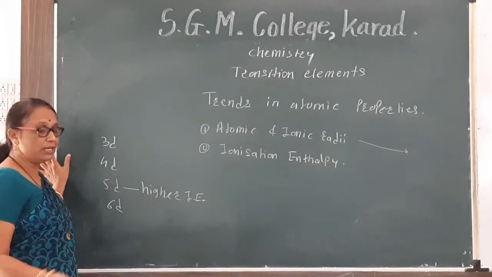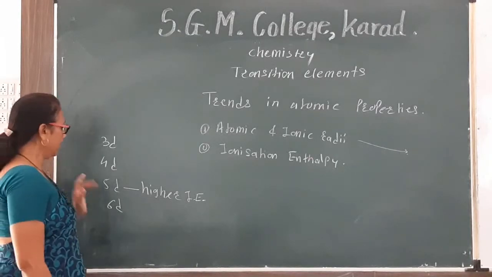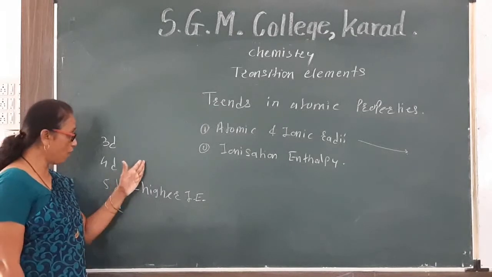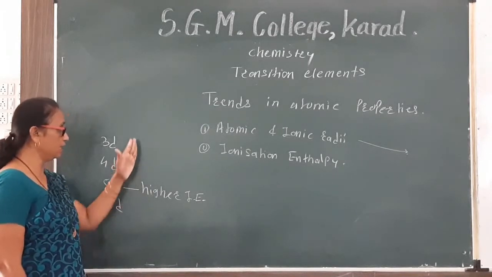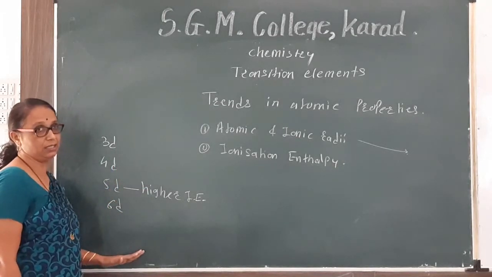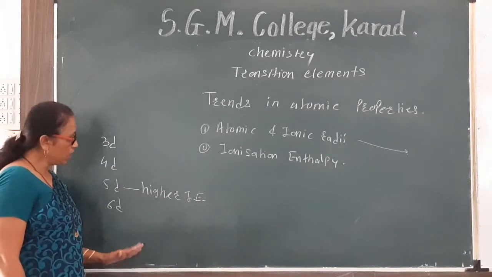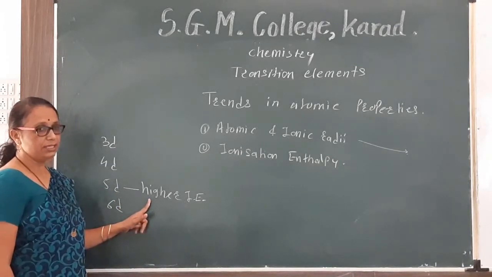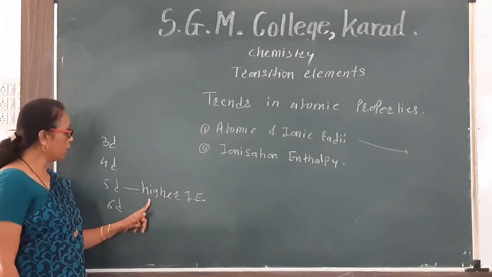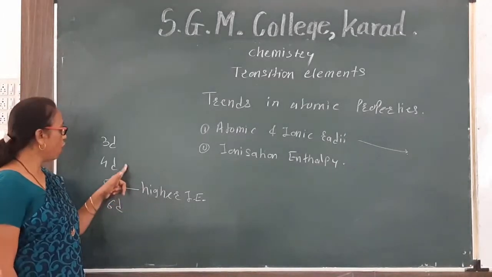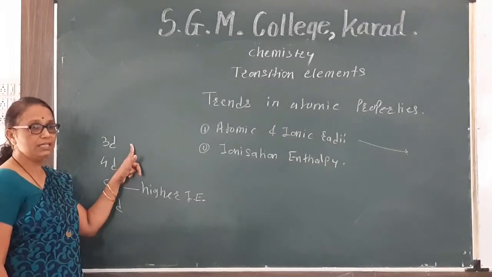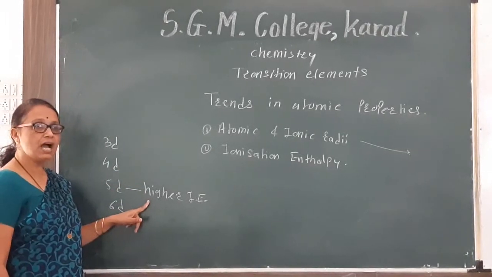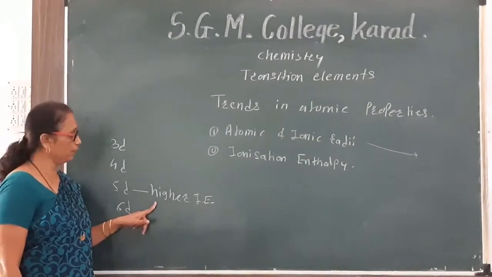Again, I am repeating, it is expected that from top to bottom ionization enthalpy should decrease, but actually the ionization enthalpy of the 5d series is higher than that of the 4d or 3d series. Why does the 5d series have higher ionization enthalpy?